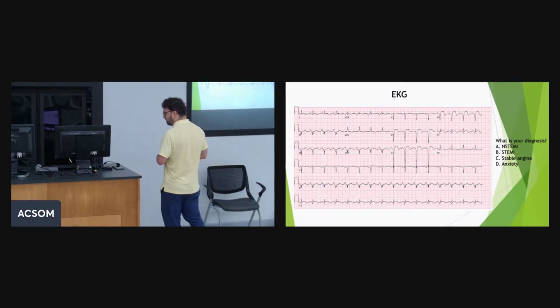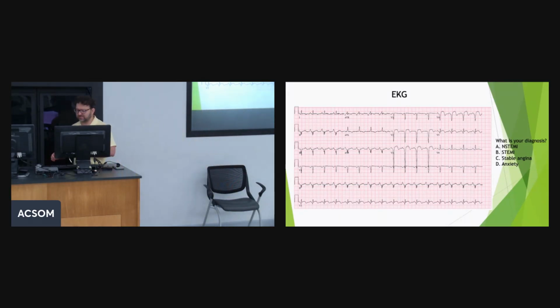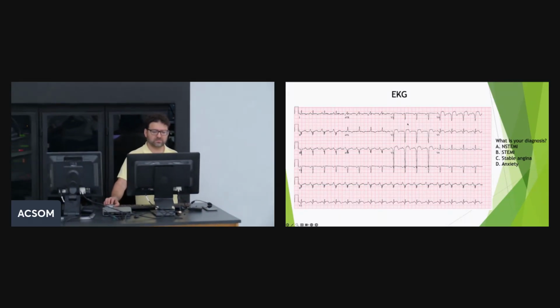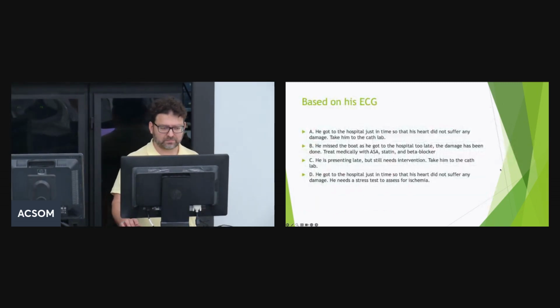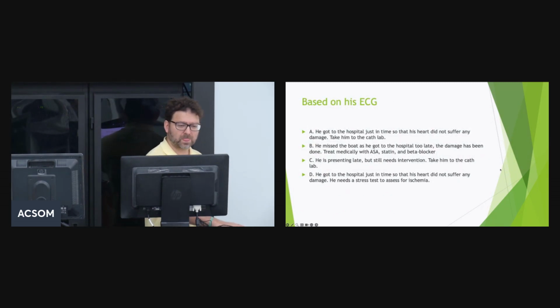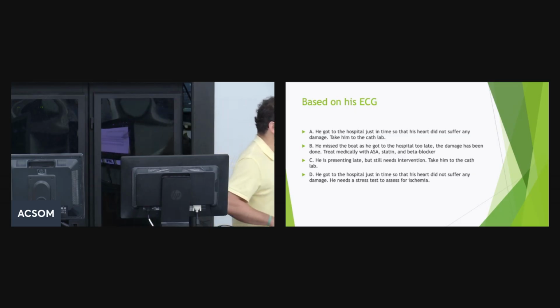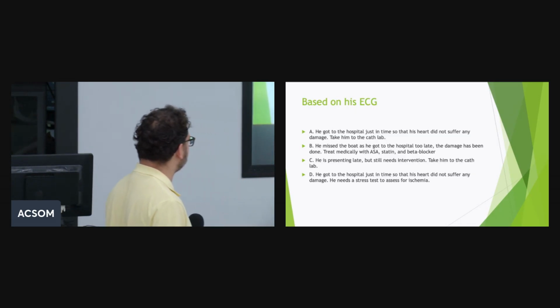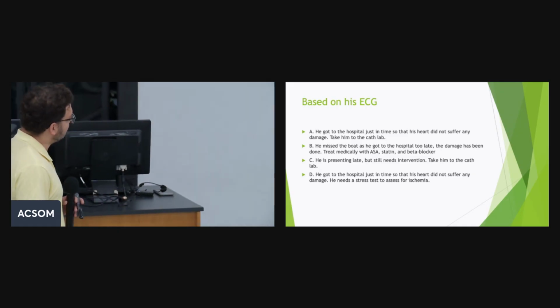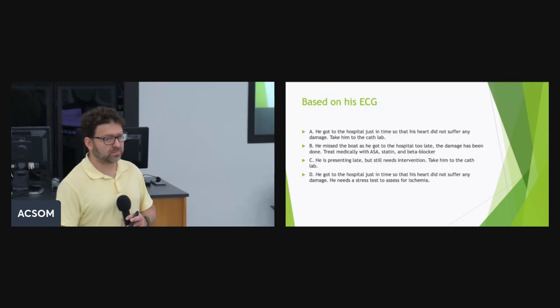So your diagnosis here is STEMI, ST elevation MI. Based on his ECG: A, he got to the hospital just in the nick of time, his heart did not suffer any damage, take him to the cath lab.